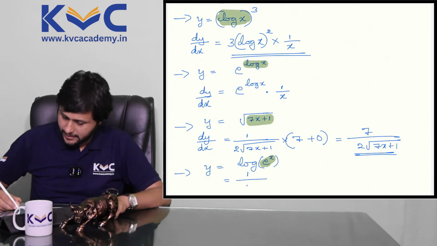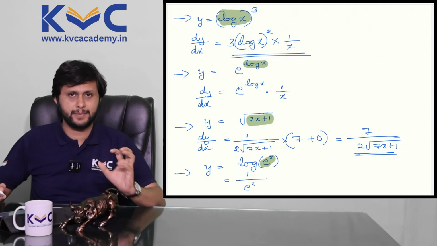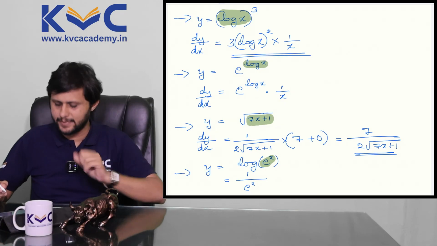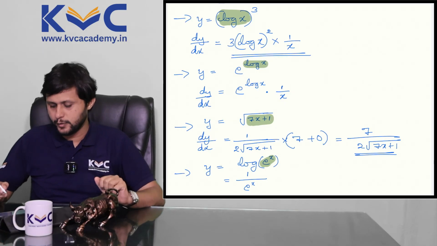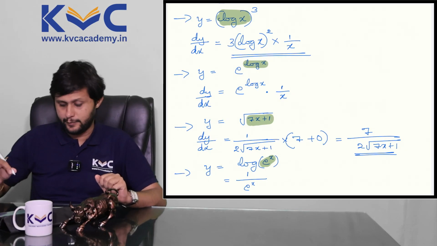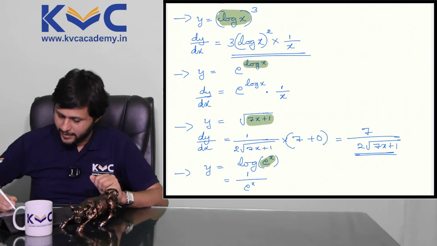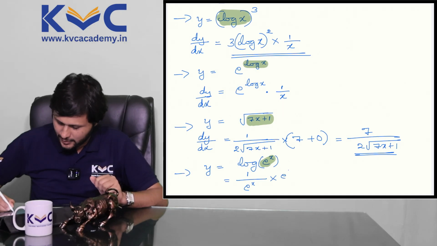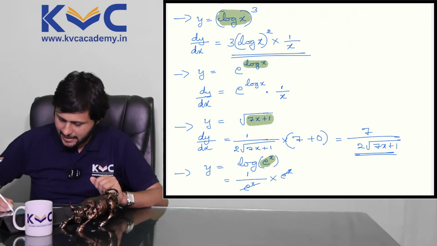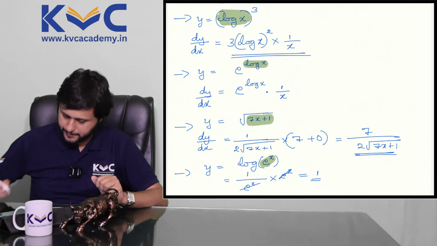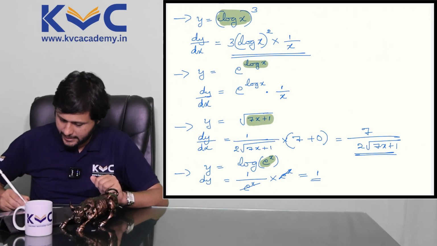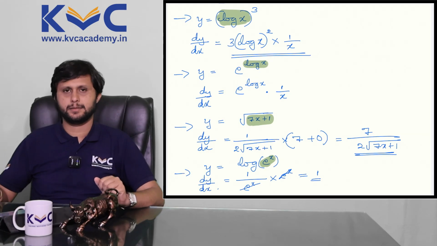But instead of x we have e to the power x, right? First we take it as x, then whatever is there as x we substitute that. Differentiation of log e to the power x is 1 by e to the power x. Now differentiate e to the power x. Differentiation of e to the power x is e to the power x. Now this cancels, answer is equal to 1. Differentiation on left hand side, dy by dx.